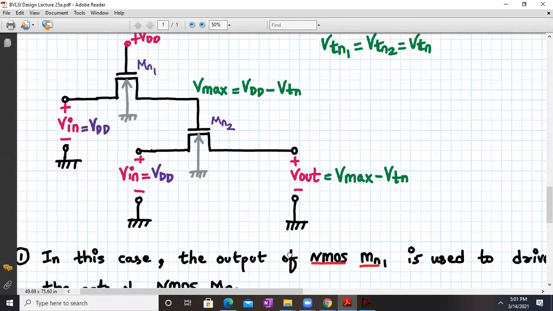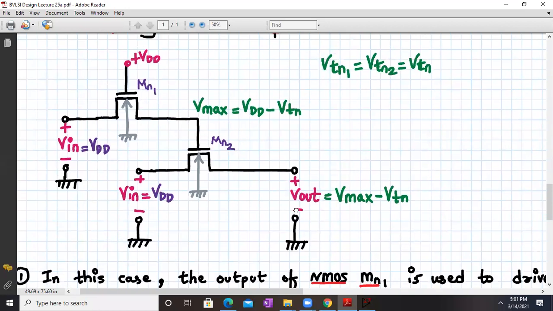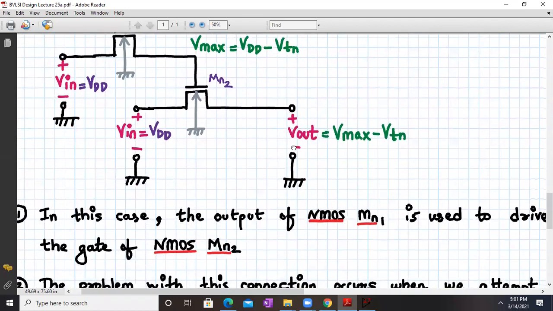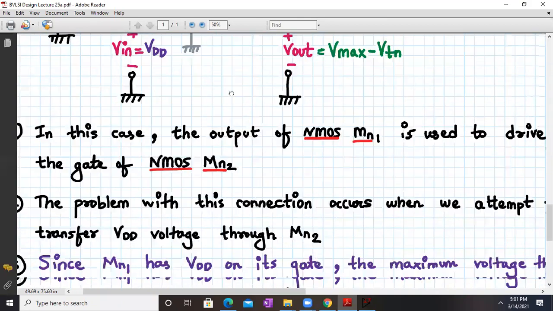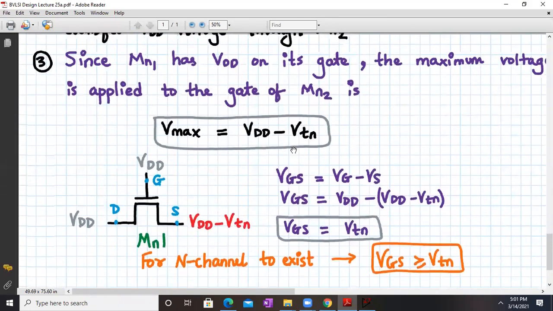So here in this case, the output of the first n-pass transistor is driving the gate terminal of the second n-pass transistor. Now let us investigate. For Mn1, your Vin is VDD, your gate voltage is VDD. So your source voltage has to be VDD minus VT, as we have seen before.